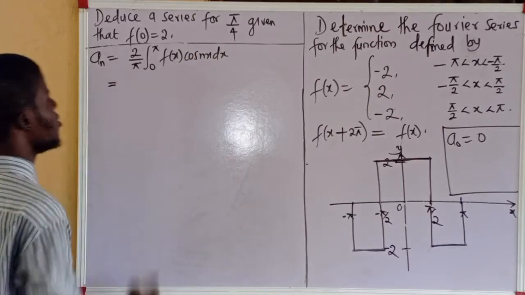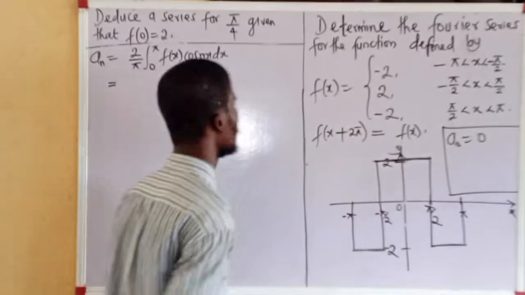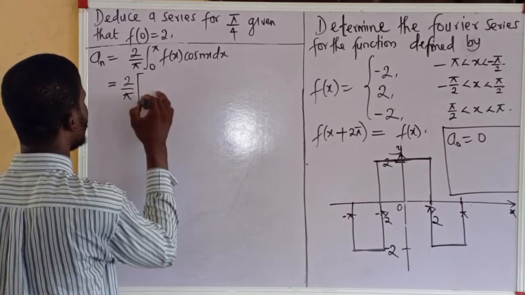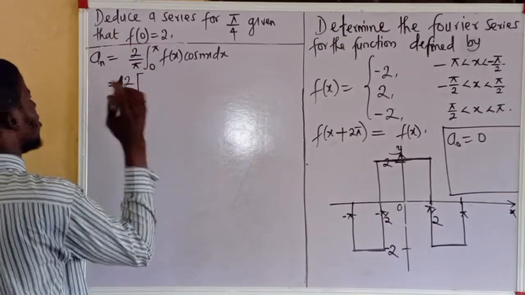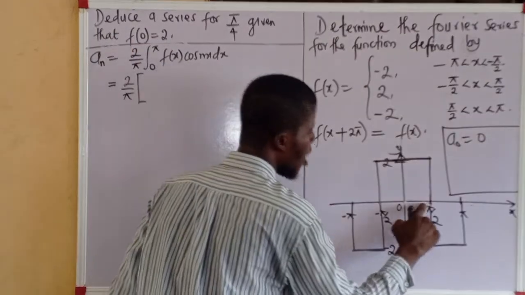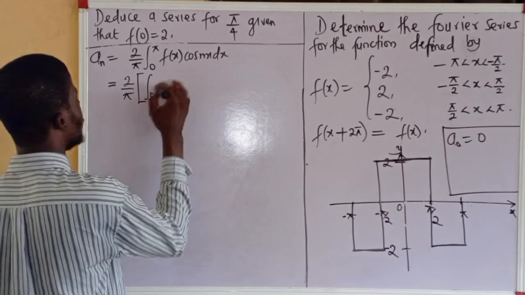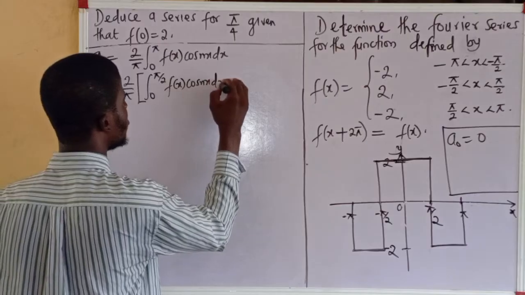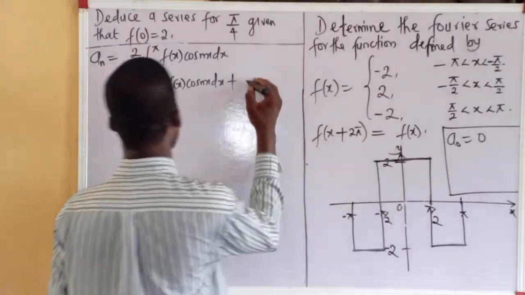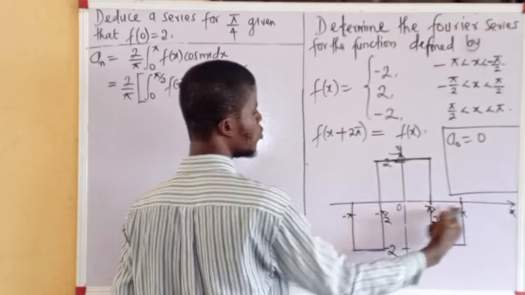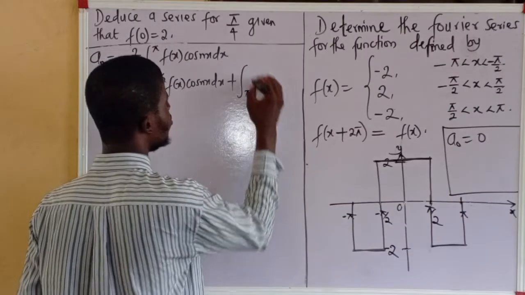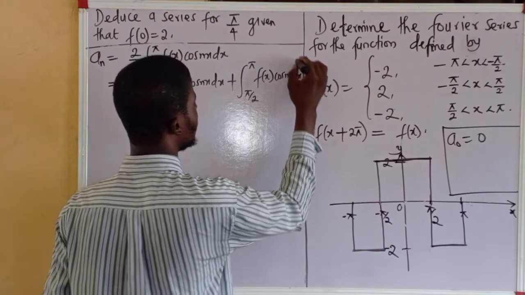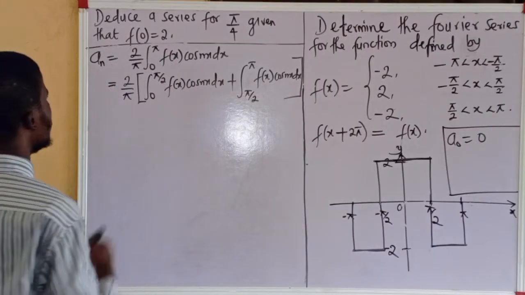Since we are taking the integral from 0 to pi, it is the same thing as saying 2 over pi into, I'm bringing 2 over pi out, we can take the integral from 0 to pi over 2 first of f of x cos nx dx, plus we now take the integral from pi over 2 to pi of f of x cos nx dx. Good.